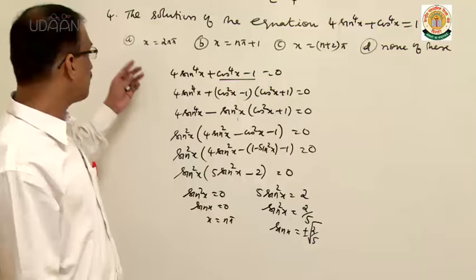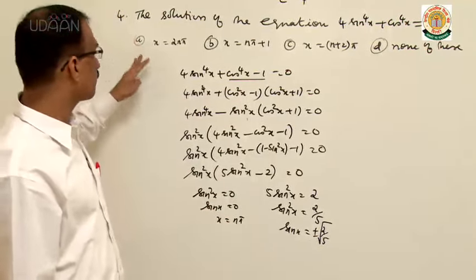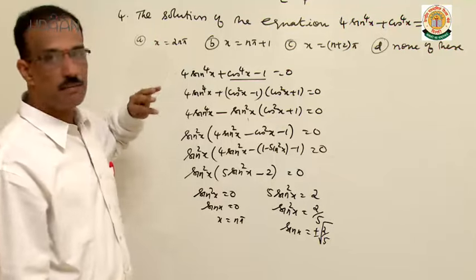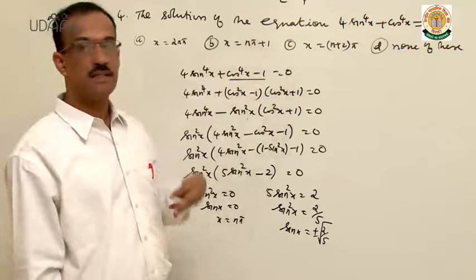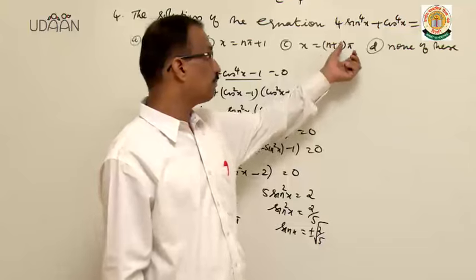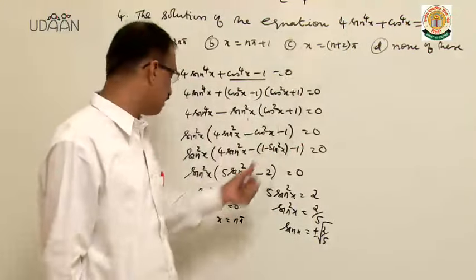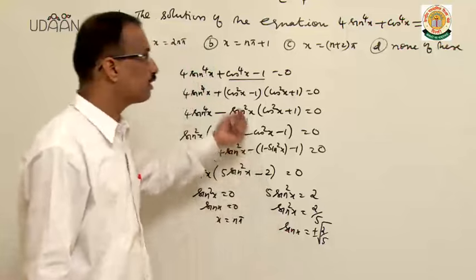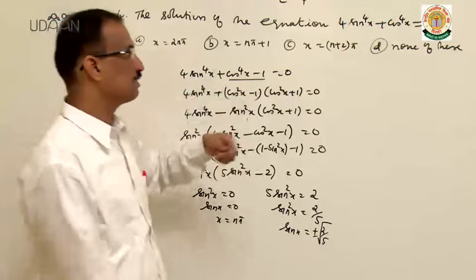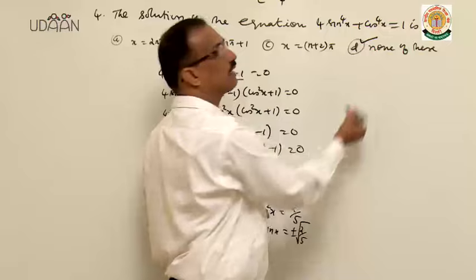But here the answers they have given are x equal to 2n pi, or x equal to n pi plus 1, x equal to n plus 2 pi and so on. So these three values we get. So the solution for this is none of these.